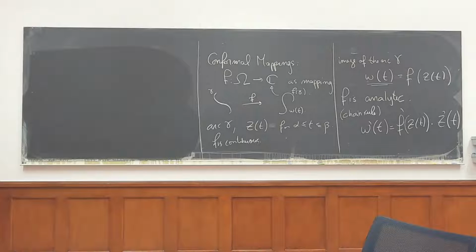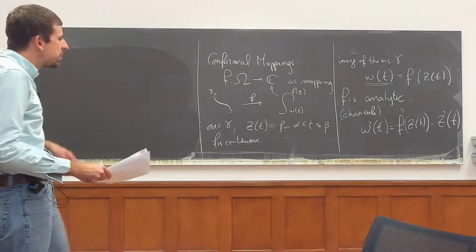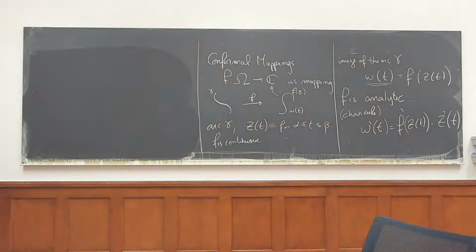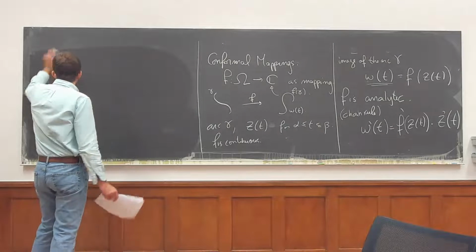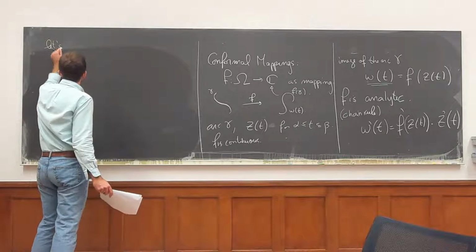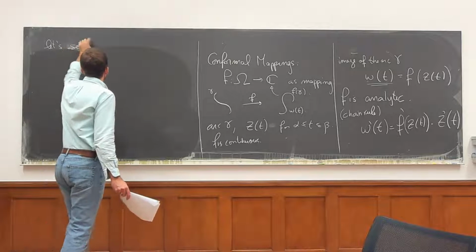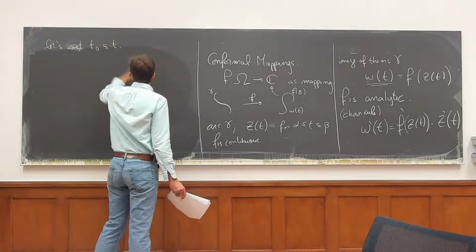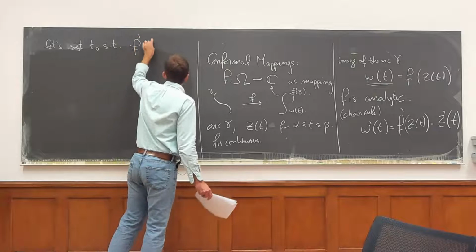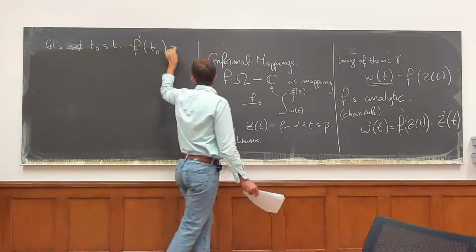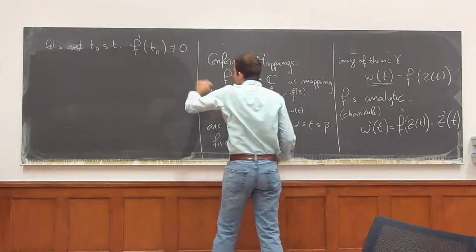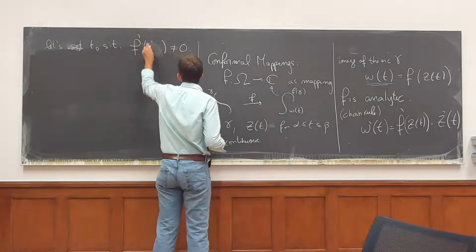Okay, so now something interesting happens. And I think this is yet another interesting, surprising thing that happens in complex analysis. Let's set t0 such that f prime of z(t0) is not 0, of course.